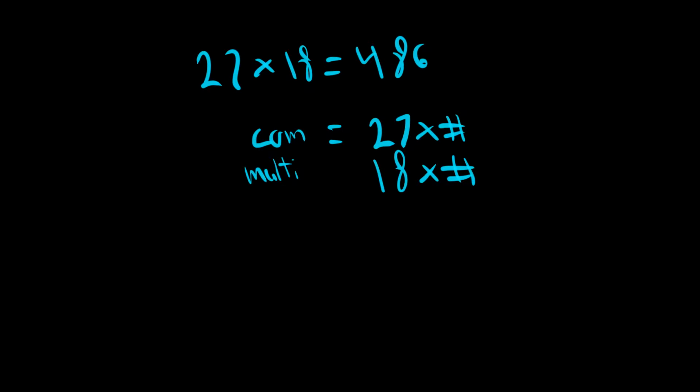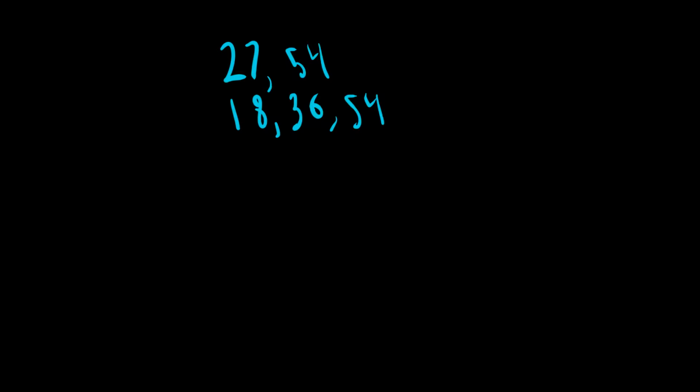One easy way of doing this is to draw out our multiples chart of both 27 and 18. So 27 times 1, 27 times 2, 18 times 1, 18 times 2, 18 times 3. And look, what do we have here?